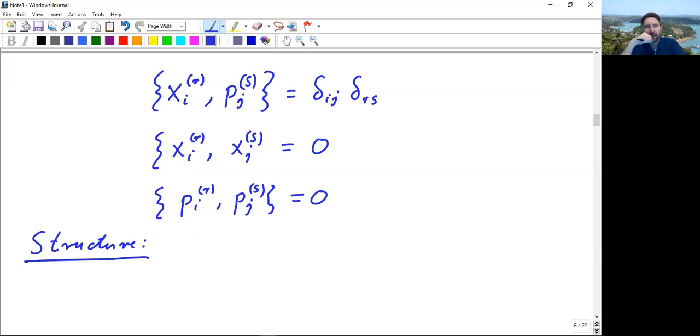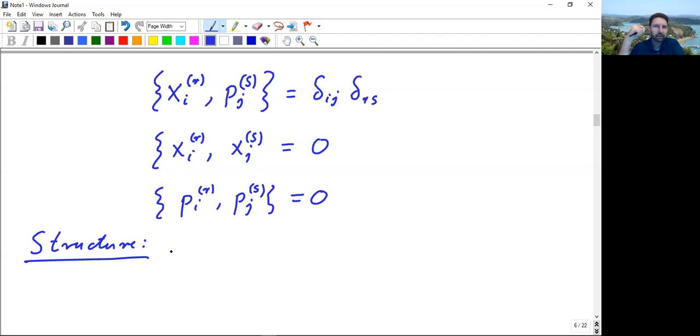And let's collect what we can do with these polynomials now. As usual, we can add polynomials in x and p. We can multiply polynomials in x and p, but we can now also Poisson multiply polynomials in x and p.